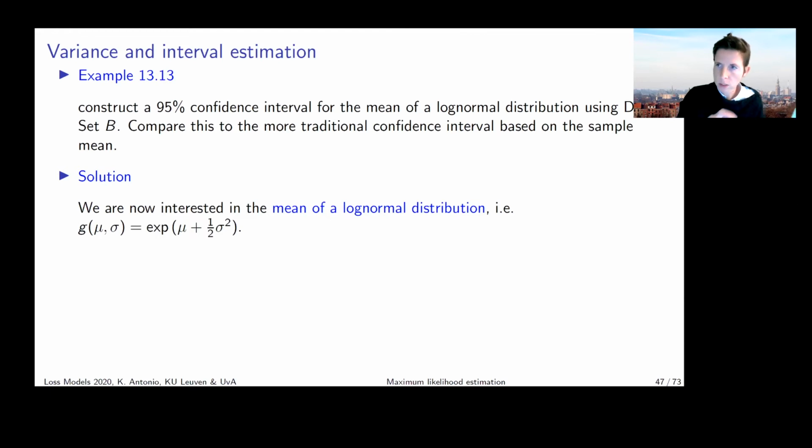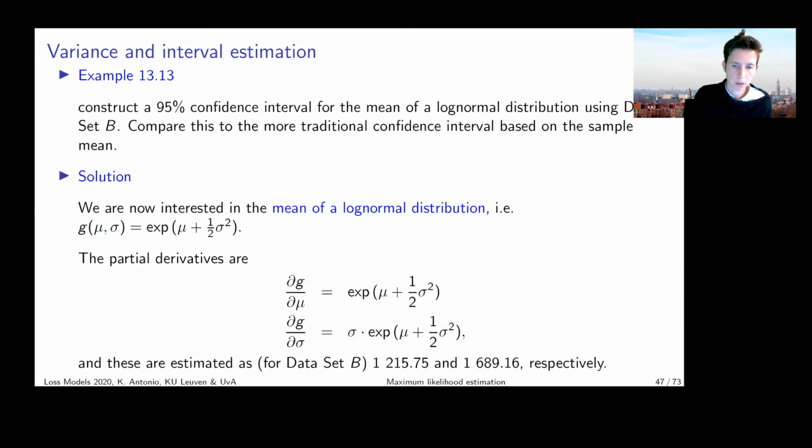And then just like we did with the single parameter, where we took the derivatives, here we're also going to put together the vector of first order derivatives. So there will be a first order derivative with respect to mu, and a first order derivative with respect to sigma. If you work that out, the partial first order derivatives are given like this, so you can check that for yourself.